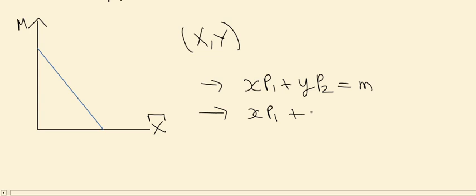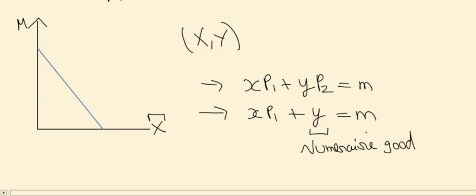It covers all those goods on which a consumer is spending his income except good X, which is on our horizontal axis. So there we have Y equals M. Now you have got to understand that the price P2 has turned into 1. So Y is our composite good or numeraire good, since its price equals 1.